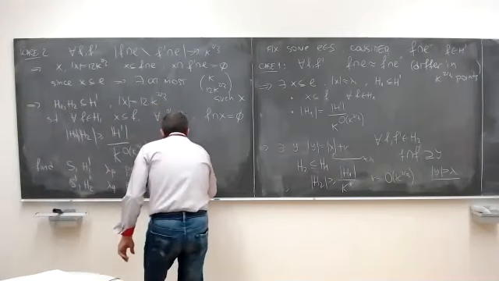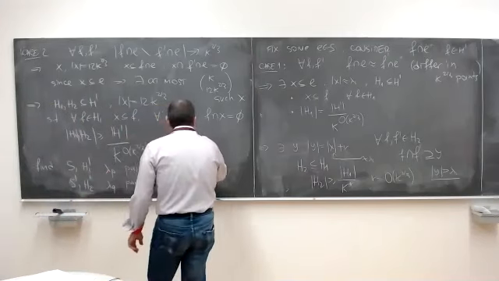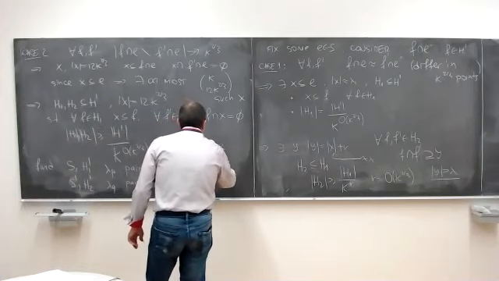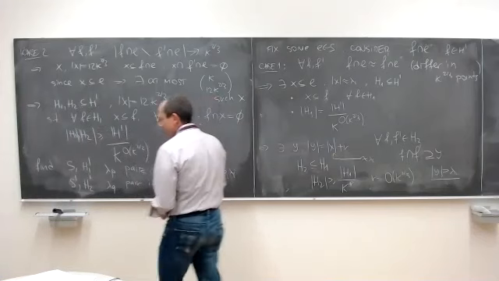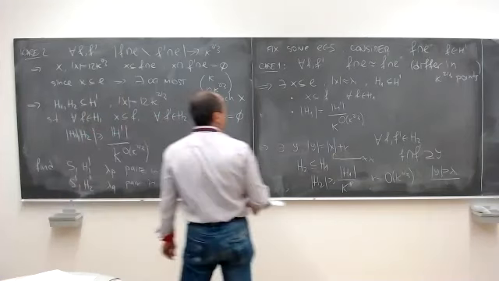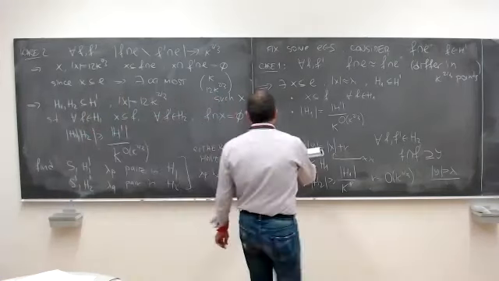And to conclude the proof, I either have lambda p or lambda q bigger than lambda I, so that would be a good scenario for me, or if they are both smaller or equal to lambda I, then observe what I can do.